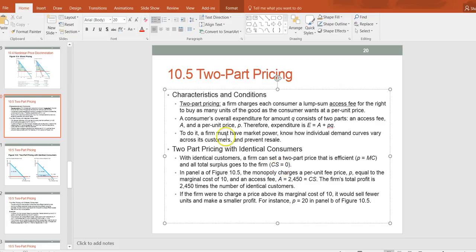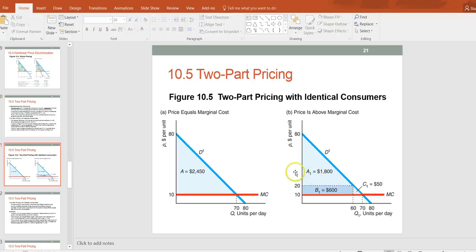With identical consumers, a firm can set an efficient two-part price, which means price equals marginal cost, and all total surplus goes to the firm. So the price equals marginal cost and the access fee equals the consumer surplus. And this chart looks like that.